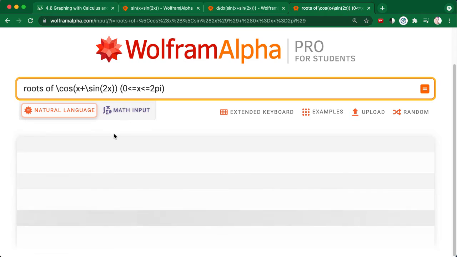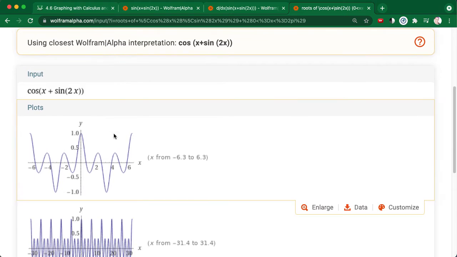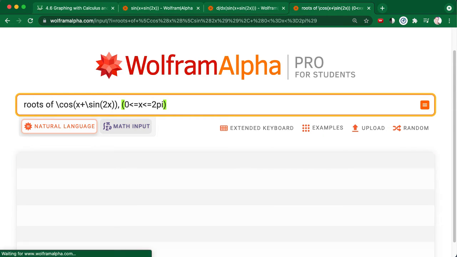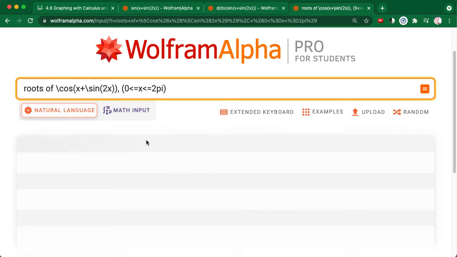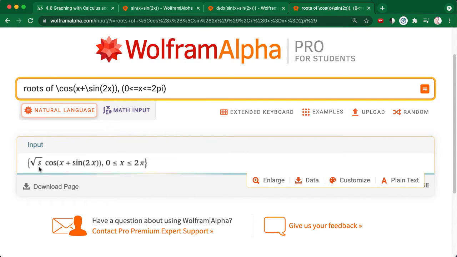Let's see what Wolfram Alpha will do with that. What if I put a comma here? It's not accepting that as a domain. Okay. Roots of, I don't know what that is.